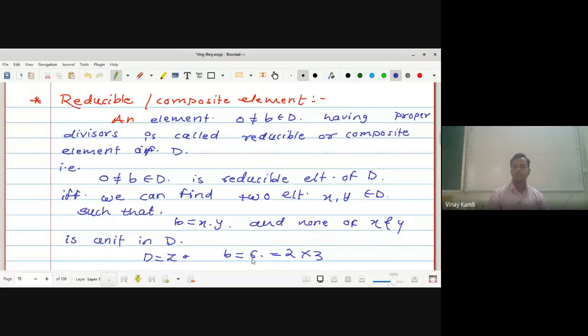So this is a composite or reducible element. None of 2 and 3 are units in D. Any doubt in this definition? No, sir.